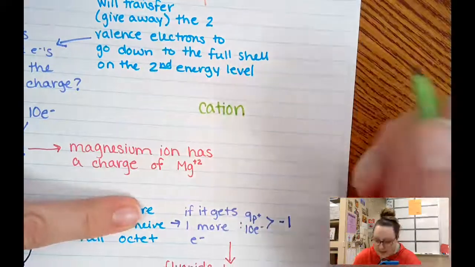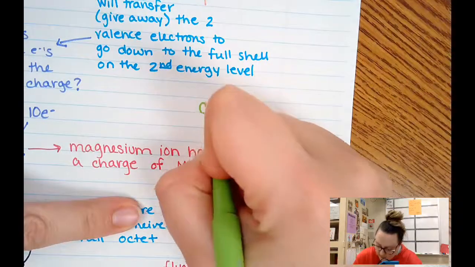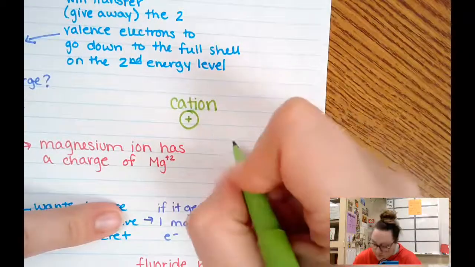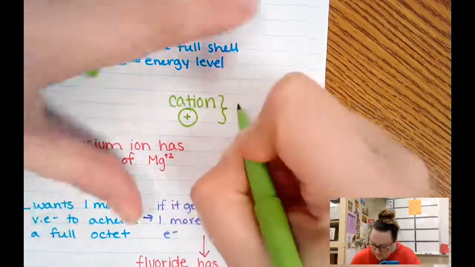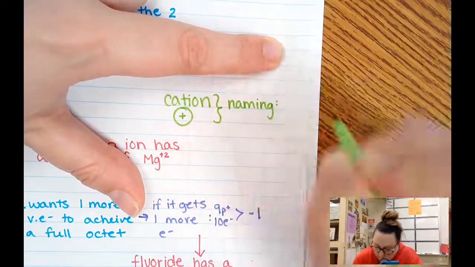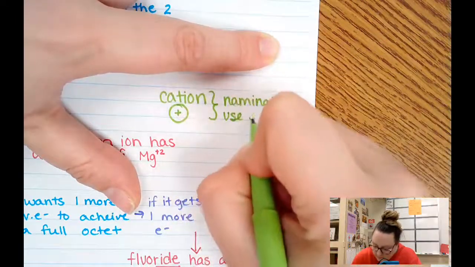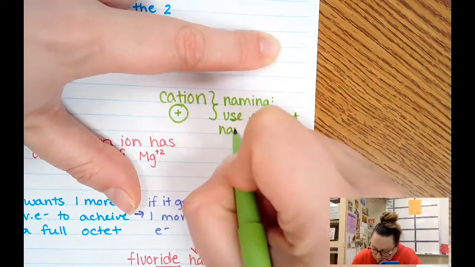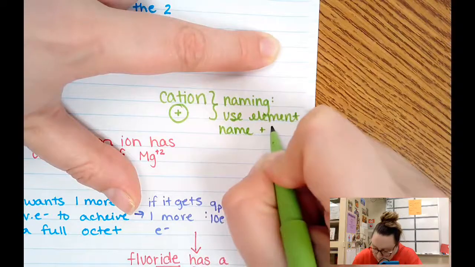That's any ion with a positive charge. And when we are doing the nomenclature or the naming, you use the element name plus the word ion.